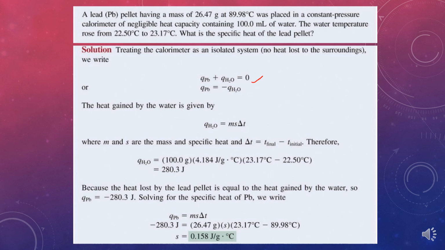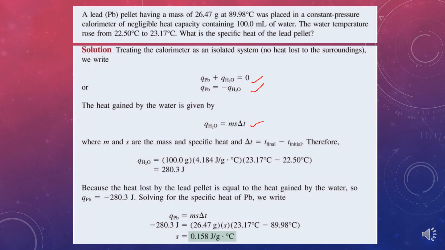So, heat of lead equals negative heat of water. The heat gained by the water is given by heat of water equals mass times heat capacity times change in temperature.